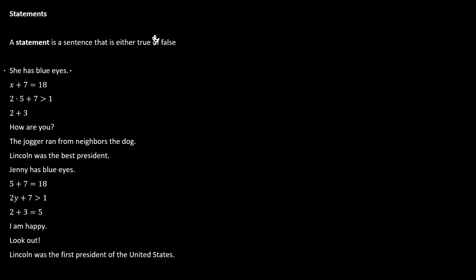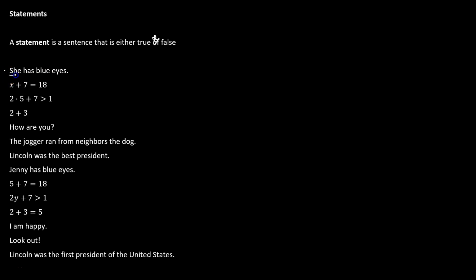So if we say she, we're not being very specific about who we're talking about. Maybe we're talking about Taylor Swift. In this case, the statement would be true. She does have blue eyes. Or maybe instead we're talking about Britney Spears. It would be false. She doesn't have blue eyes. So this statement depends on who she is.